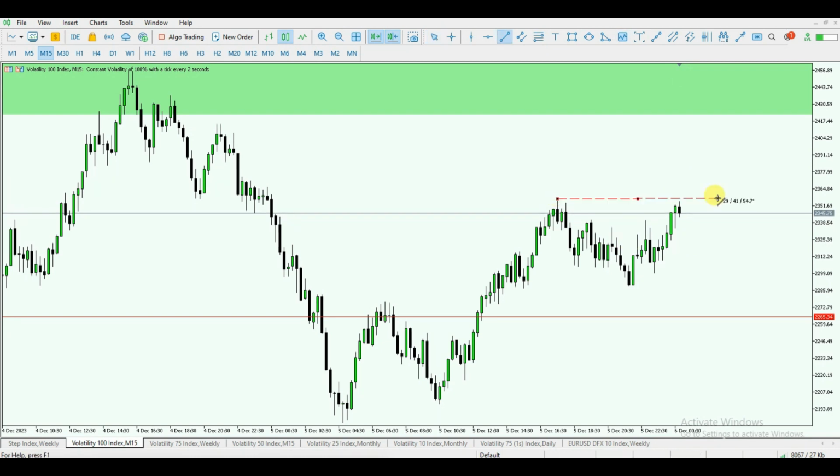So now we look for a reversal. If price trades back into this, for instance, this is how it's going to look like. Should price trade above this high this way.